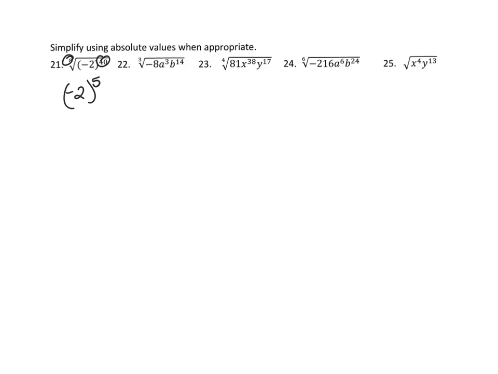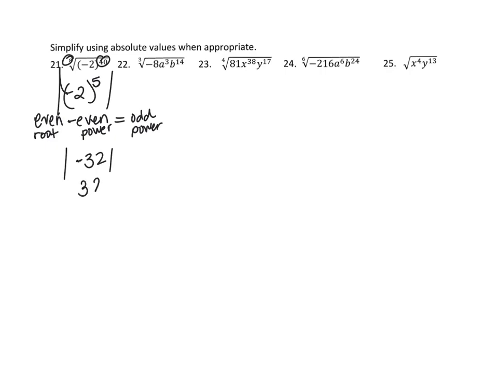When we have an even root of an even power, and it ends up equaling an odd power, we need the absolute value around it. So that's the absolute value of -32, which is 32. Number 22, the cube root of -8 is -2.